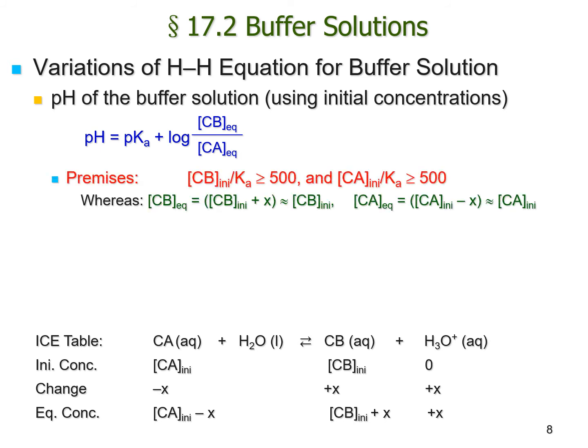Say we have a high concentration of this pair of conjugates. Their initial concentration is so high when compared to the Ka that the 500 rule applies. That means what? With the 500 rule, we can pretty much ignore those X terms.